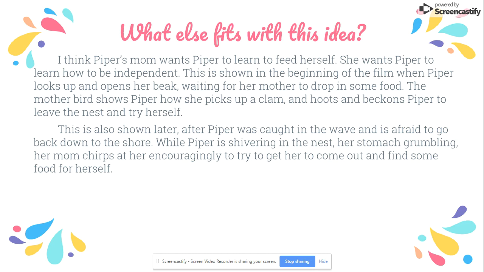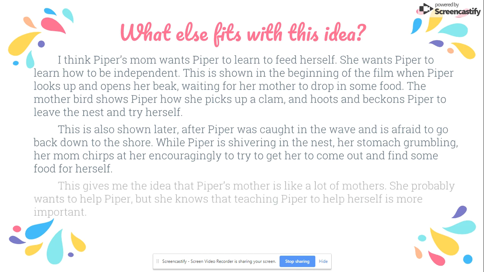While Piper is shivering in the nest, her stomach grumbling, her mom chirps at her encouragingly to try to get her to come out and find some food for herself. This gives me the idea that Piper's mother is like a lot of mothers. She probably wants to help Piper, but she knows that teaching Piper to help herself is more important.